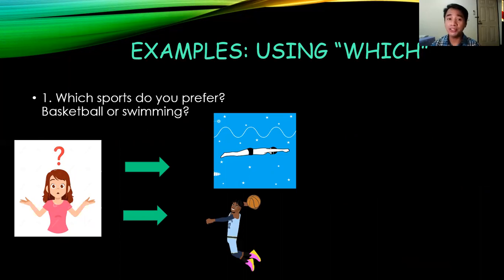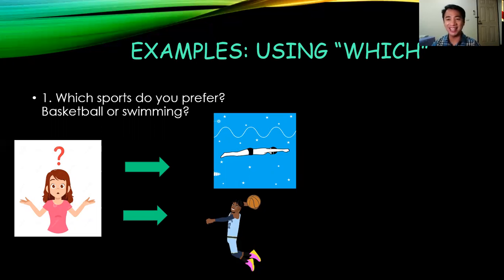Which sports do you prefer, basketball or swimming? So look at the question for which. You have two different choices or different options or selection. Which sports do you prefer, basketball or swimming? So you are going to choose between the two sports.